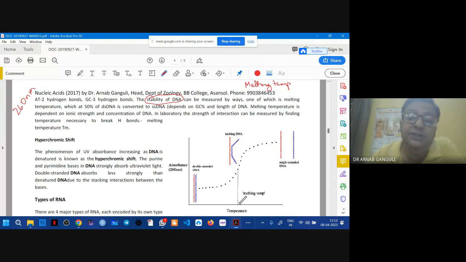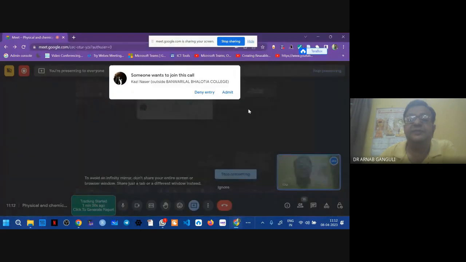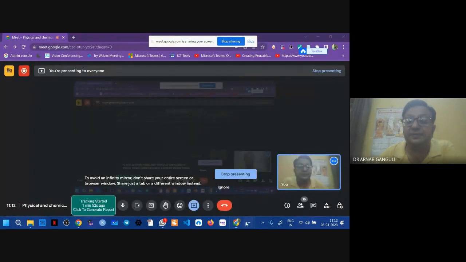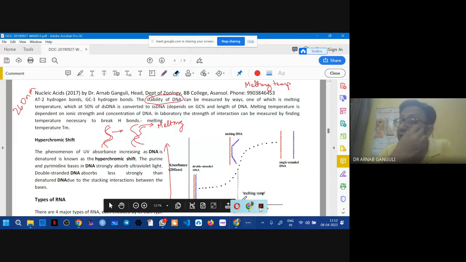So if you have the absorbance on one axis and the temperature on the other, you will see that gradually, when you heat a double-stranded DNA, the DNA starts to melt. That is, the double-stranded DNA starts to open up. That is known as melting.